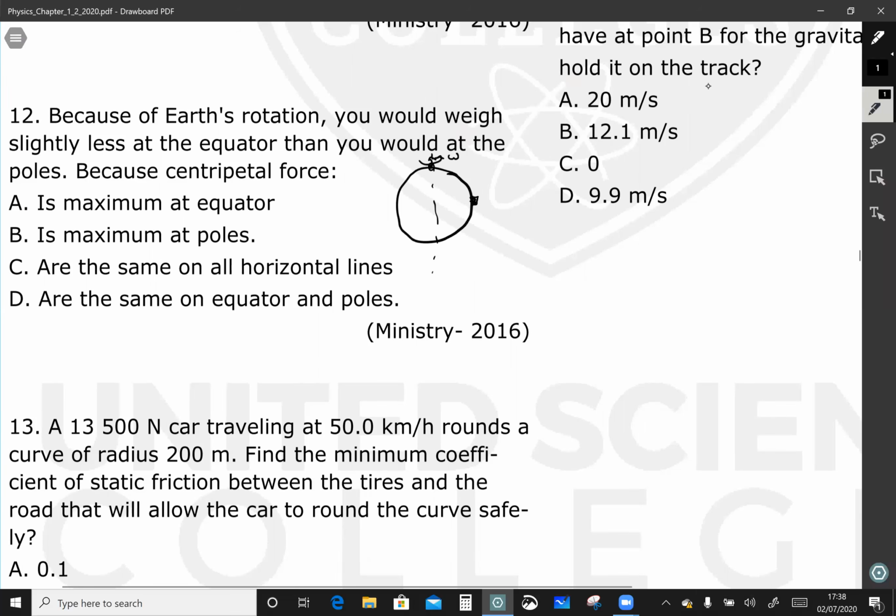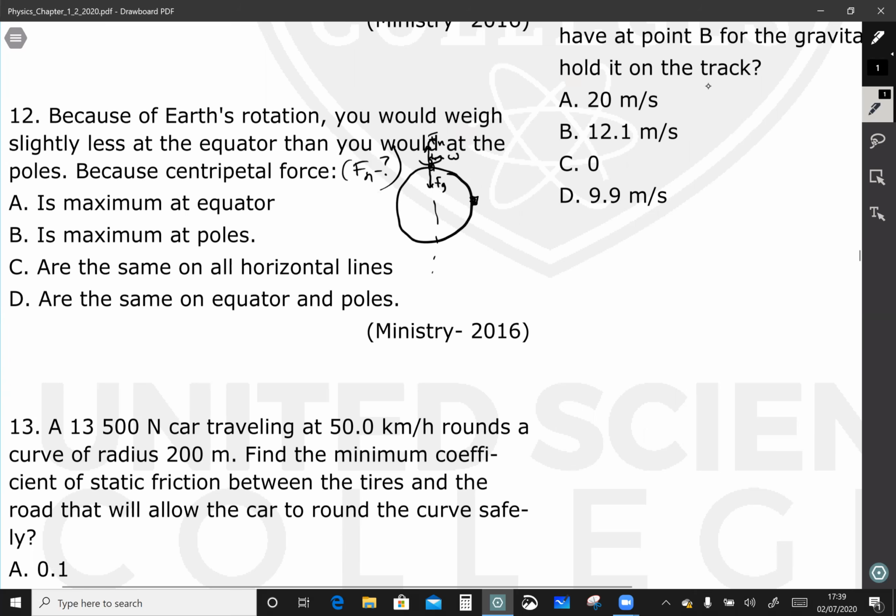That's why the gravitational force acting on that body, Fg, is directly equal to Fn. We should know that when you step on a scale to measure your weight, the scale is measuring Fn. Maybe not everybody knows it, but this is correct. When you step on a scale, you measure Fn, not Fg.